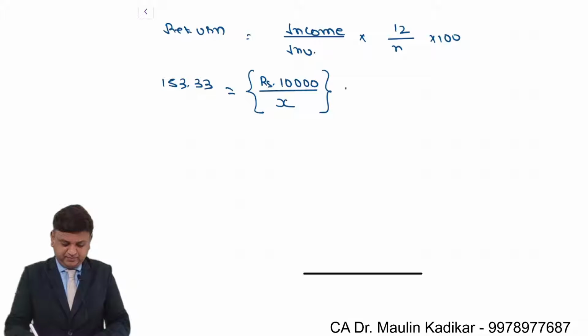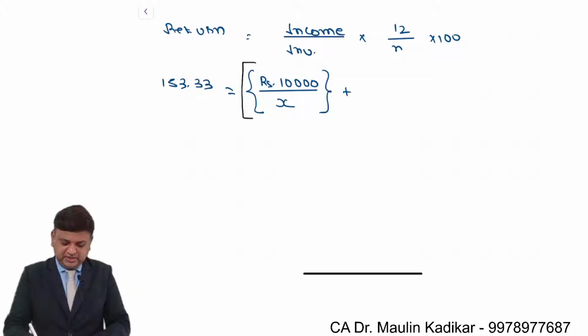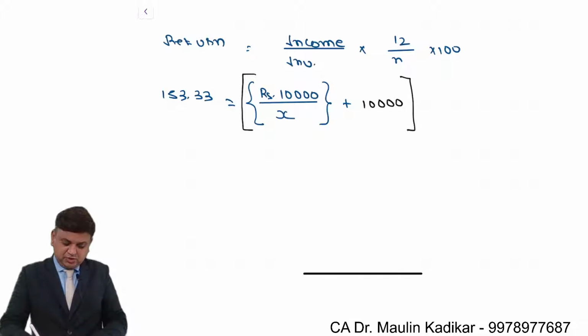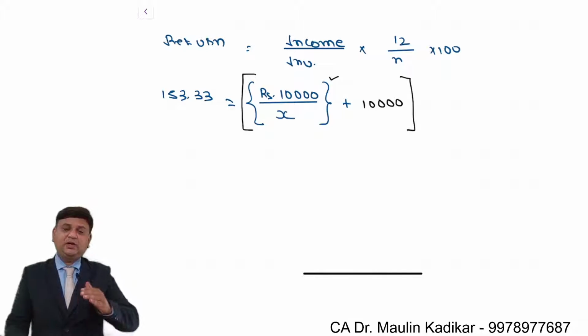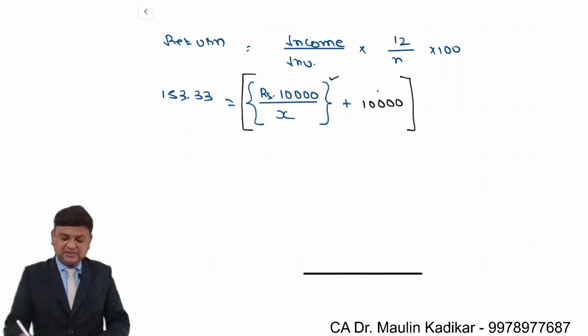Plus initially it was, sorry, initially 10,000 number of units were allotted to you. So this is the total number of units that you have. 10,000 is the dividend amount divided by NAV per unit.